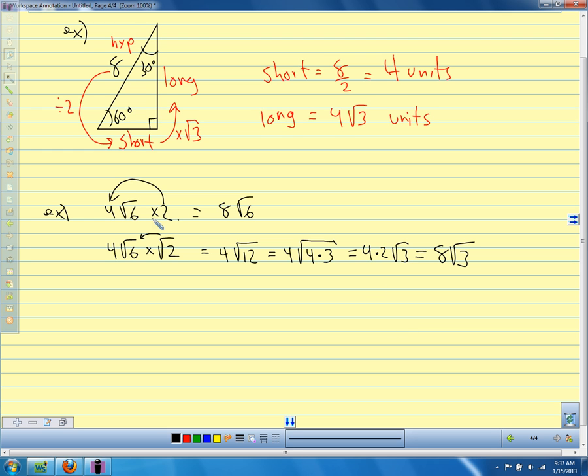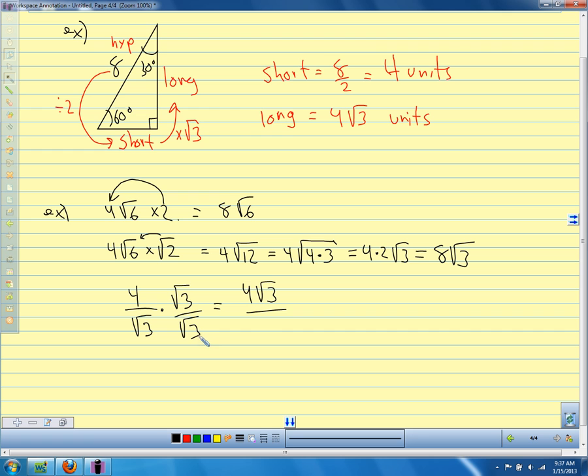Same thing if I divide. The numbers inside the square roots can mix, the numbers outside the square roots can mix, but they can't mix together. And then a quick reminder, if I have something like 4 divided by the square root of 3, what do I do to simplify that? I'm going to multiply the top and the bottom by the square root of 3, and I get 4 square root 3.